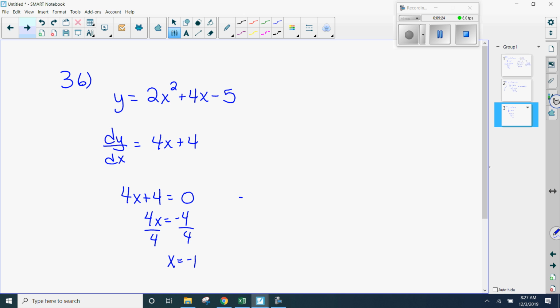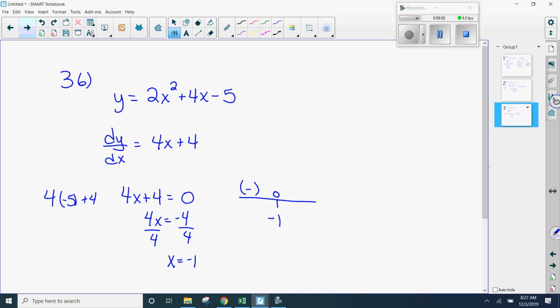So if I think about those values, if x is equal to negative 1, I get a 0 slope. What about values less than negative 1? Give me a value less than negative 1. Negative 5. If I put negative 5 in here, I get 4 times negative 5 plus 4. What do you notice about that value? It is negative. So I have a negative slope for all values over here.